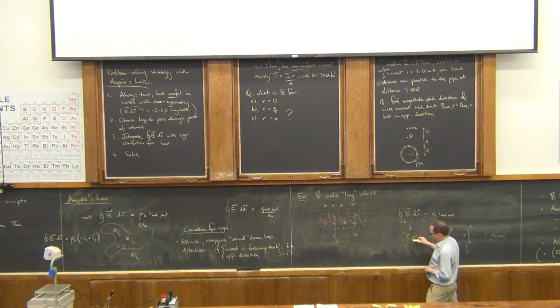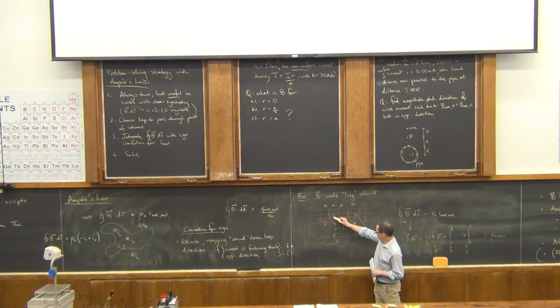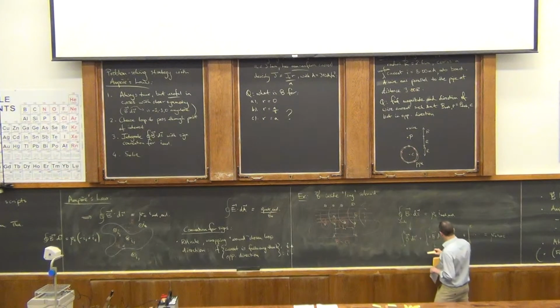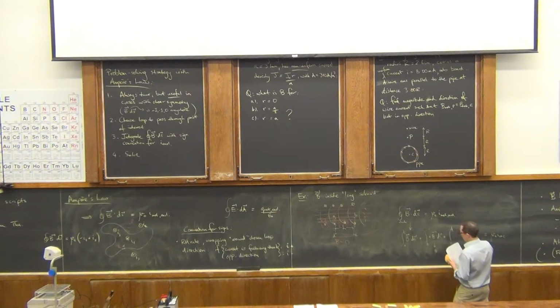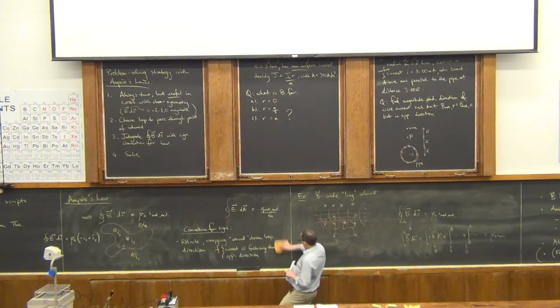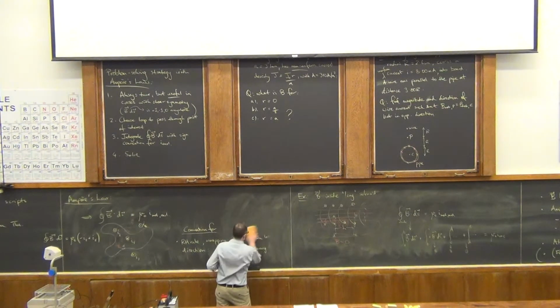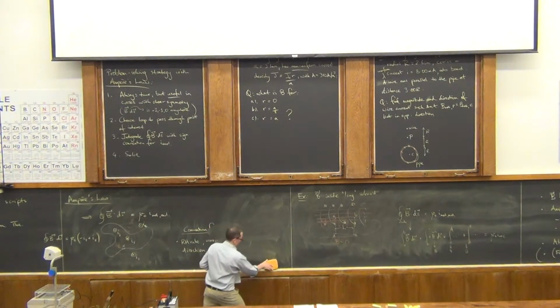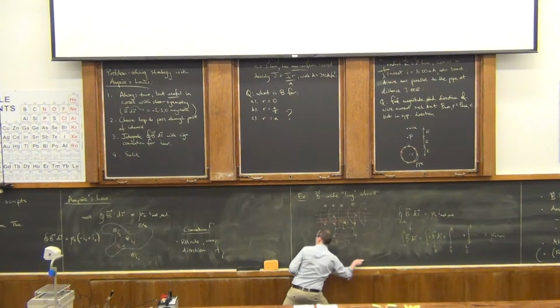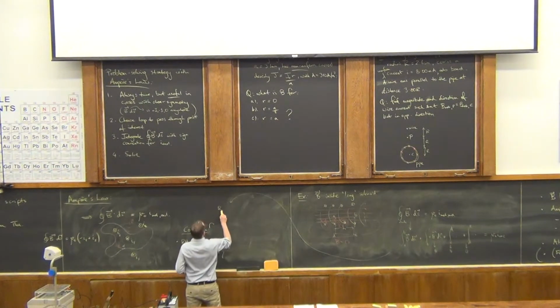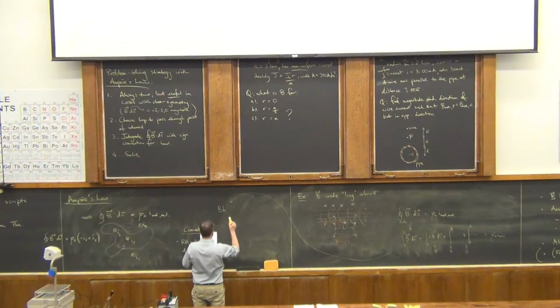B times ds, it's the magnetic field inside here, times this distance. B times h, that's all I need.